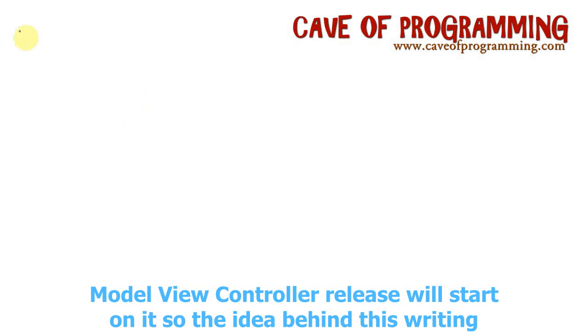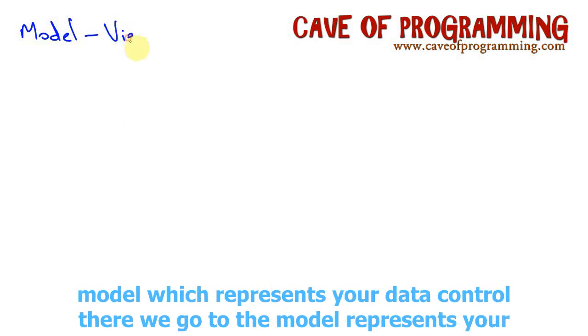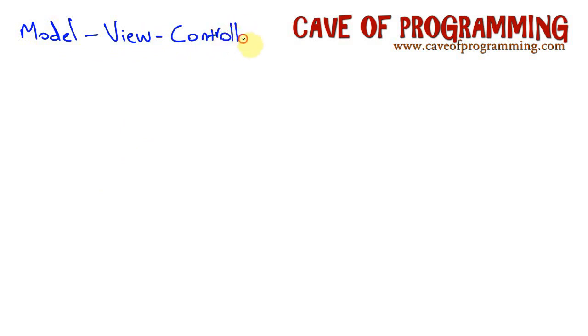So the idea behind, let's write this down, the idea behind model view controller is that you have a model which represents your data. So the model represents your data.